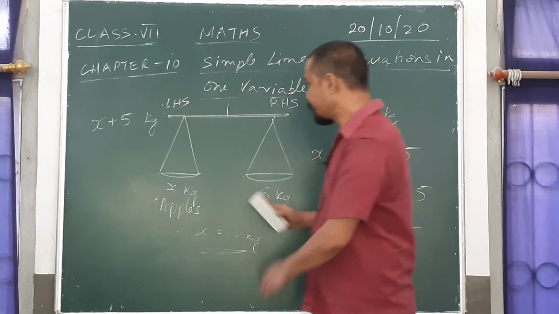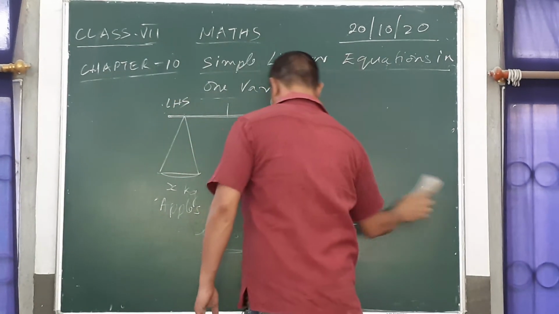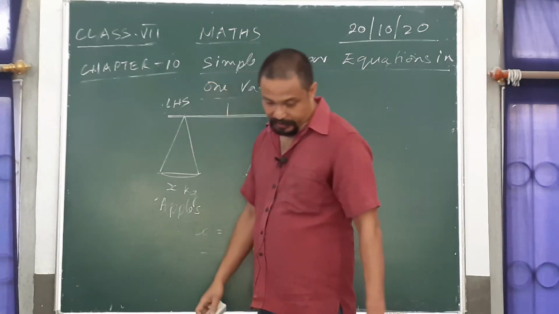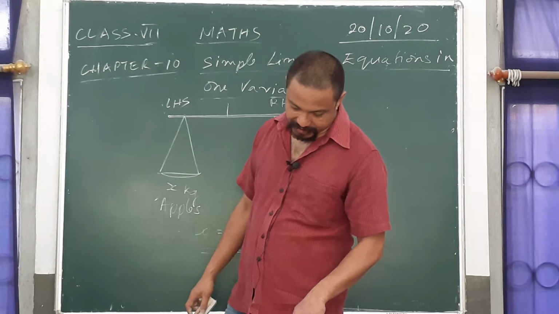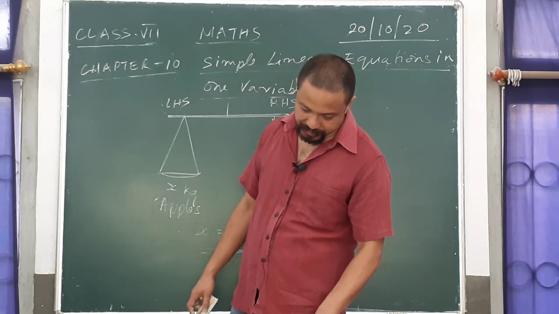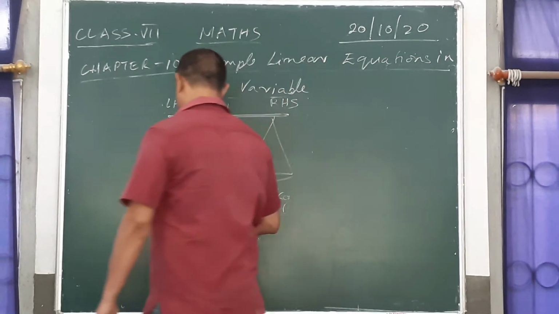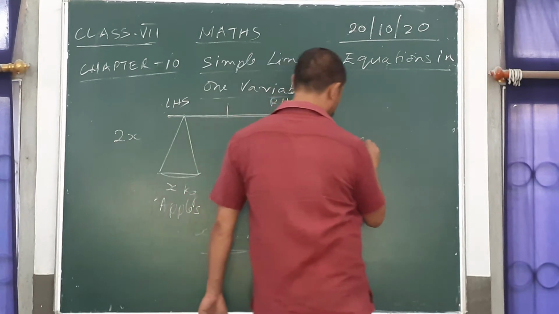Okay, now the next point that's given in the book is, if we double the quantity of apples then we will have to double the weight in the right pan also to keep the beam in balance. Okay, so out here, let's say we double, that means 2x. So it will be 2 into 6.